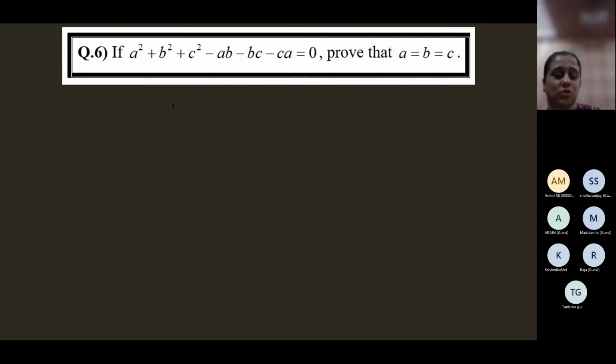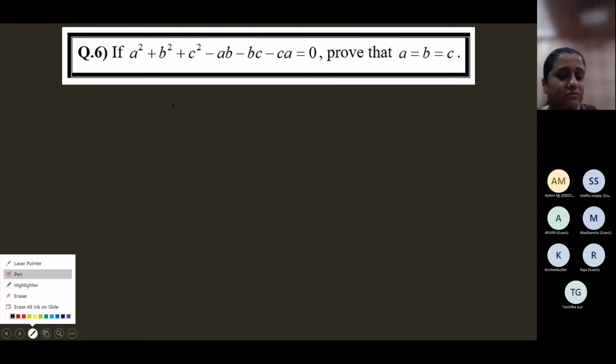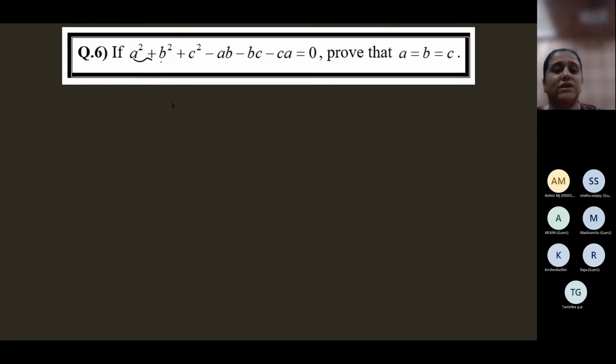That is, you must show that this condition is true only when a, b, c are equal. If a square plus b square plus c square minus ab minus bc minus ca is equal to 0, then prove that a, b, c all are equal.